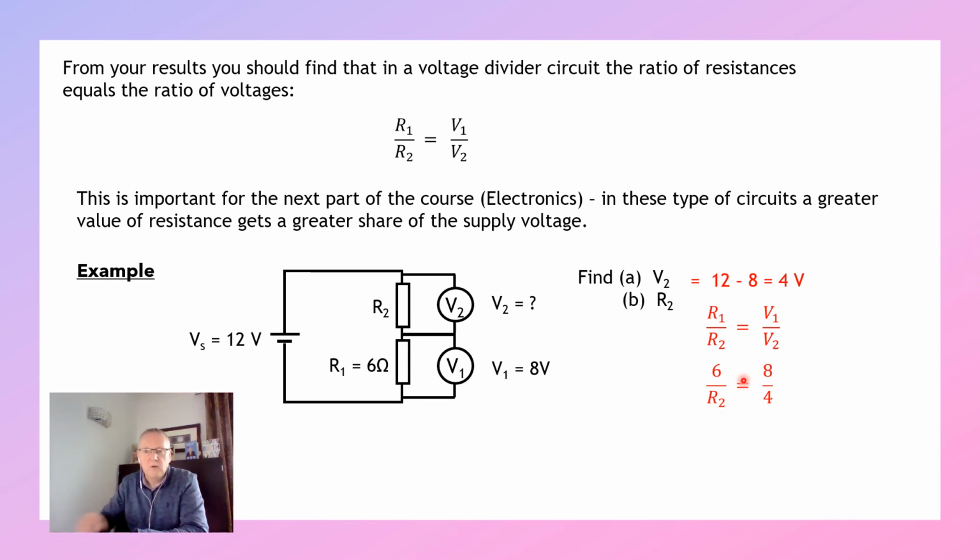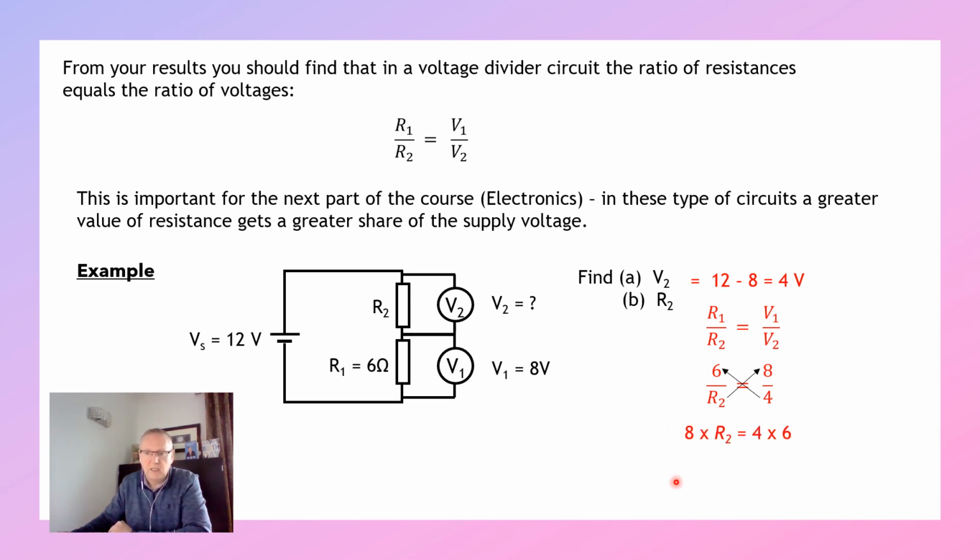But let's go through the procedure, because really what we're going to be doing here is a bit like the gas law stuff. We're going to be doing cross multiplication. So cross multiplication means that that times that equals that times that. Doesn't matter which way around you do it, but the top tip that I would give you at this stage is that you do the one with the unknown on the left hand side of the equation.